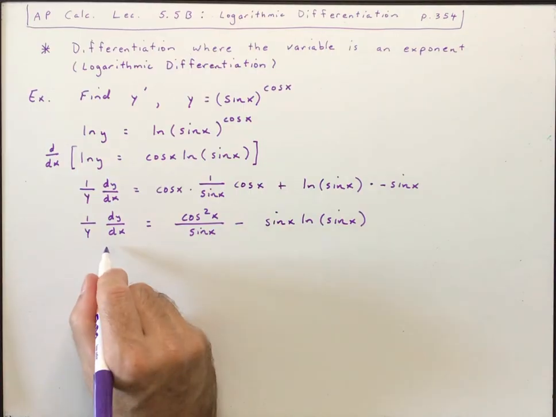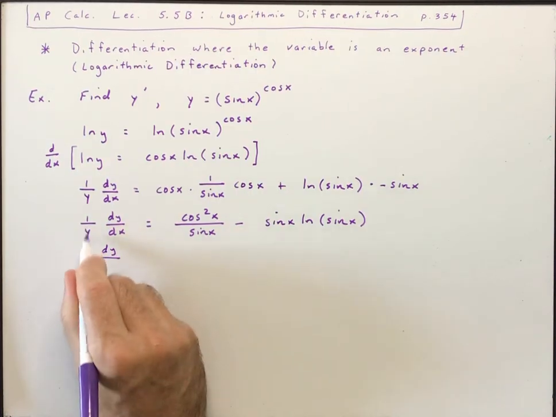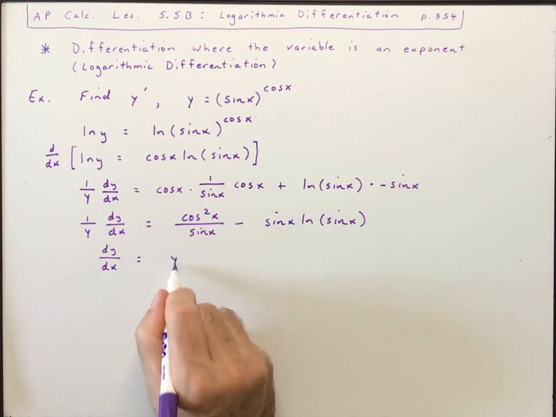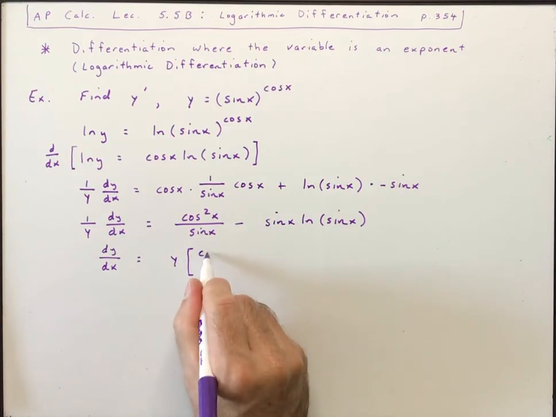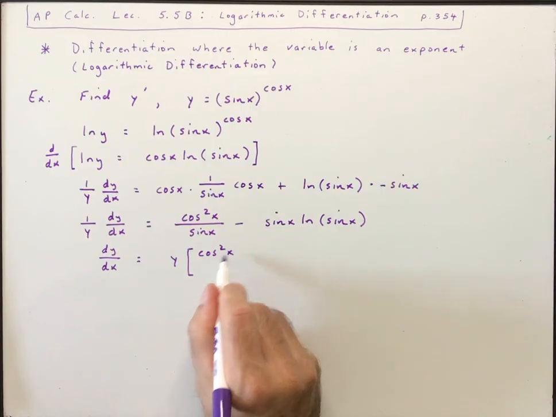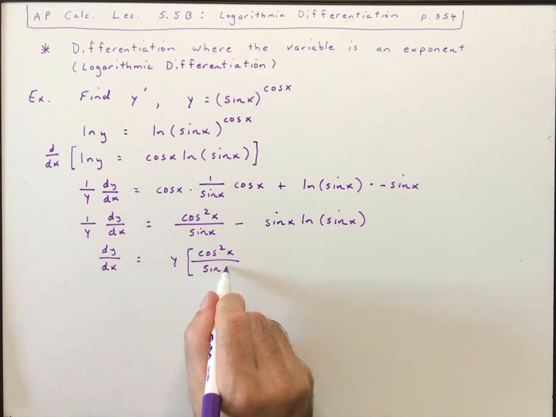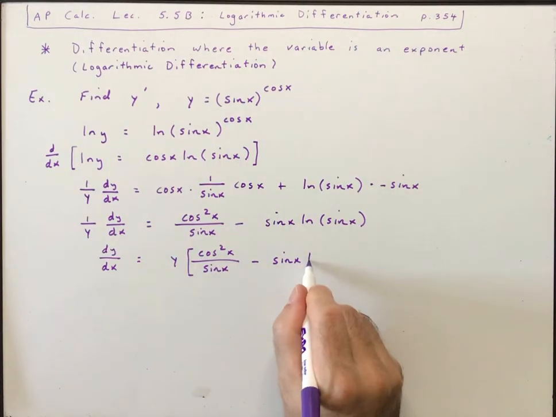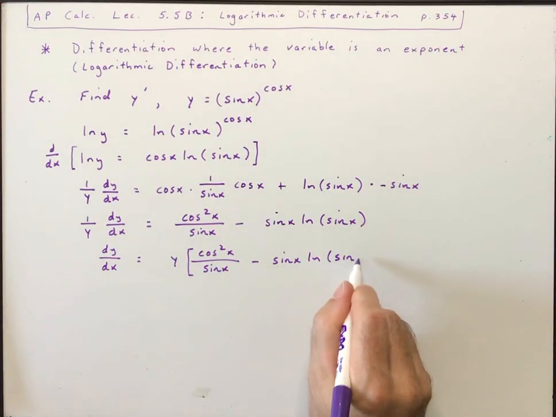Okay, let's multiply both sides by y in order to get rid of this 1 over y on the left. So that's going to be y times cosine squared x over sine x minus sine x natural log of sine x.